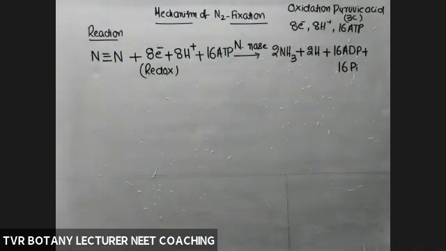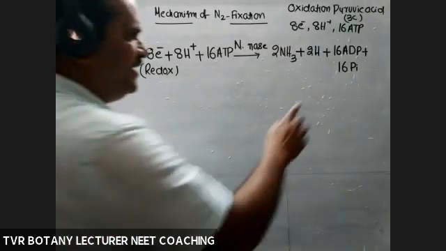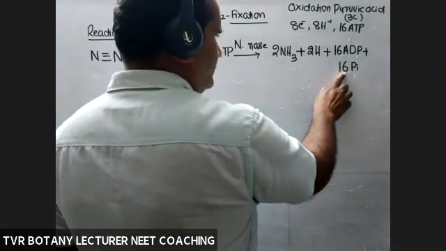So 16 molecules of ATP are hydrolyzed into 16 molecules of ADP and 16 inorganic phosphates.